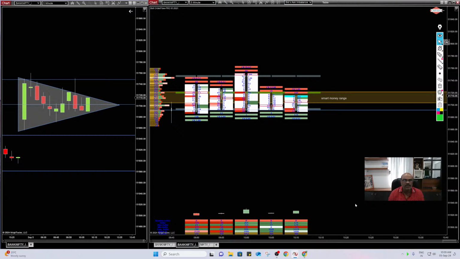The market is moving in a very tight range. It has to break the flag pattern and it has to break the day's high or the day's low for the next level of trading.